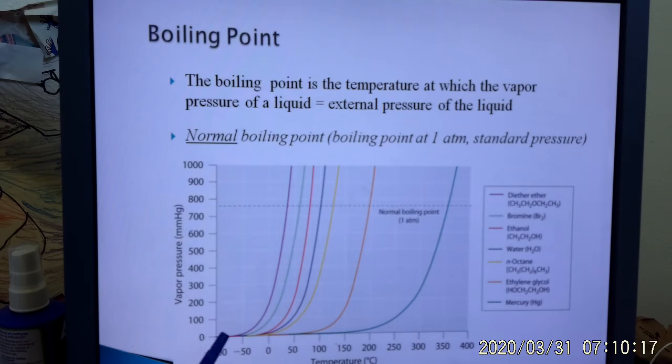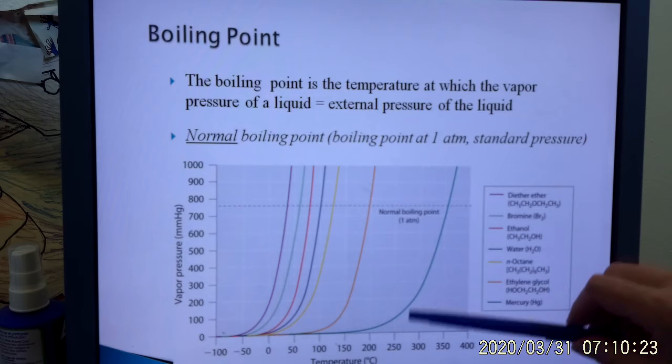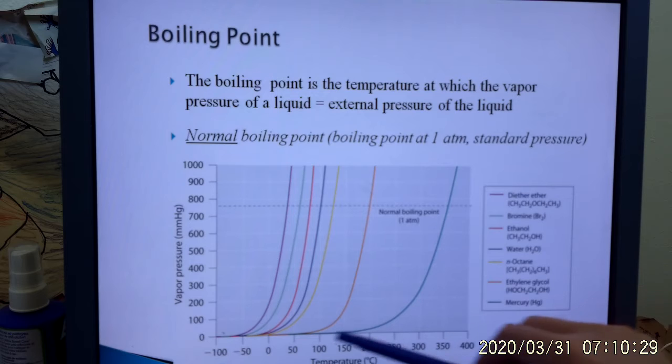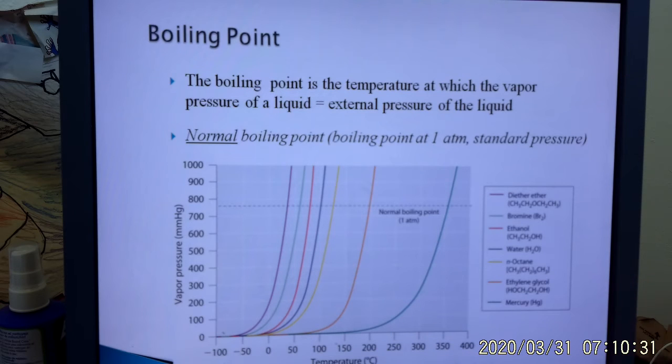So diethyl ether is considered very volatile. Okay? If you look here, to do the same thing for mercury, I have to be almost at 300 degrees Celsius. So mercury is considered non-volatile. Okay? So volatile, as I go across, becomes non-volatile.